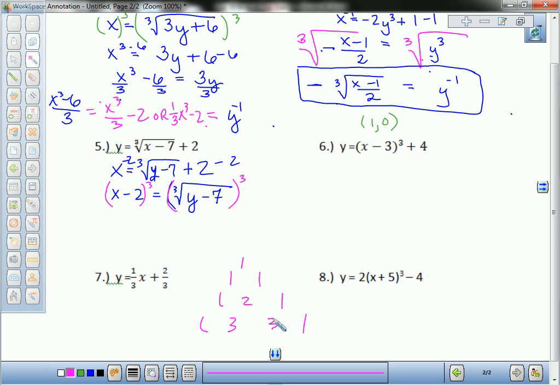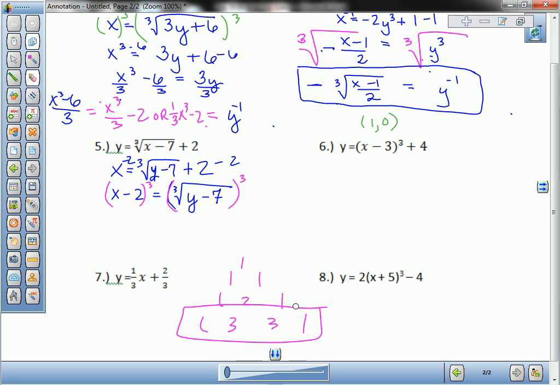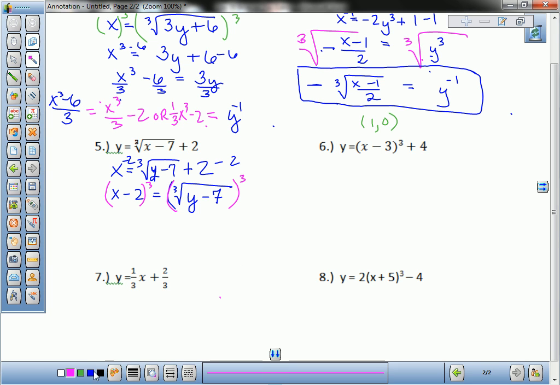To cube this, we would have to go back to this, and we didn't like that. So let's not do it. We're going to leave it as x minus 2 cubed. The real reason we leave it like this is because this leaves it in the form where we can graph it correctly.